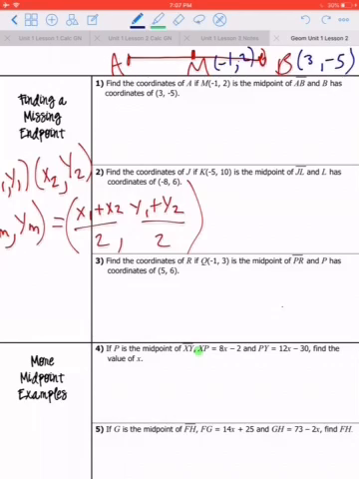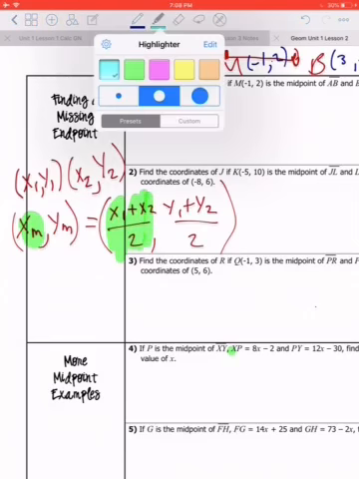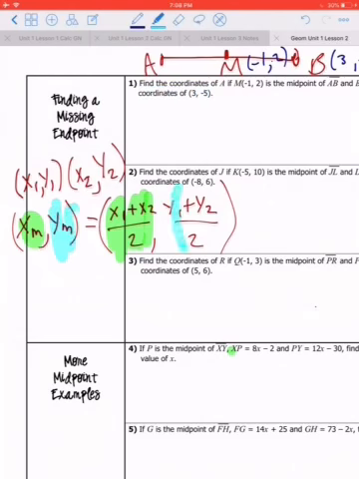So, we've got to use our formula and actually plug in and kind of split up x and y into their own problem, okay? So, we're going to solve x and split it up. These equal each other, okay? And then we're going to have y split up into another equation.